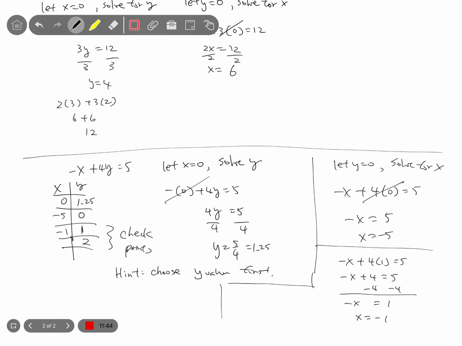Repeat the process again, this time with 2. Negative x plus 4 times 2 equals 5. Negative x plus 8 equals 5. Minus 8 on both sides. You get negative x equals negative 3. And x equals positive 3.